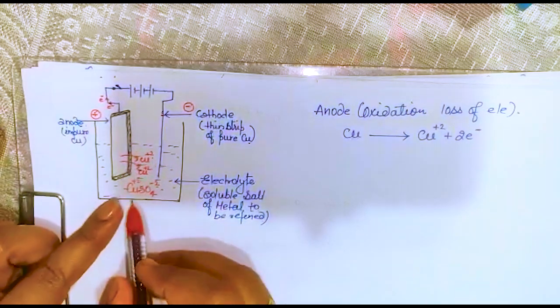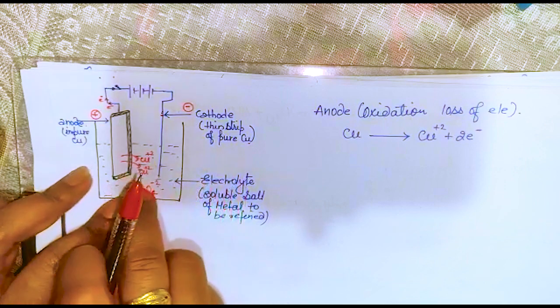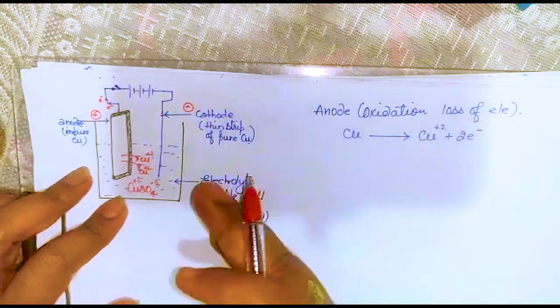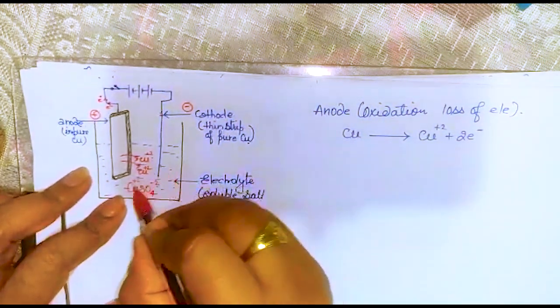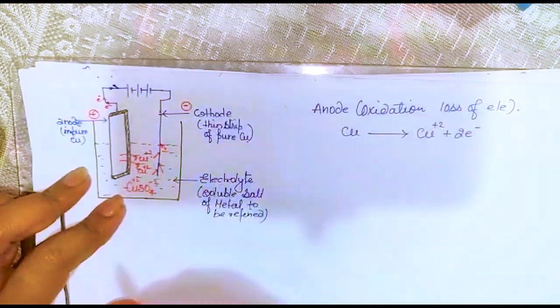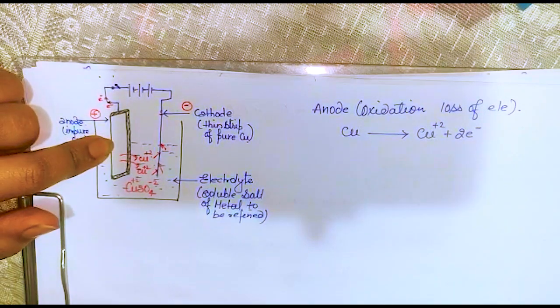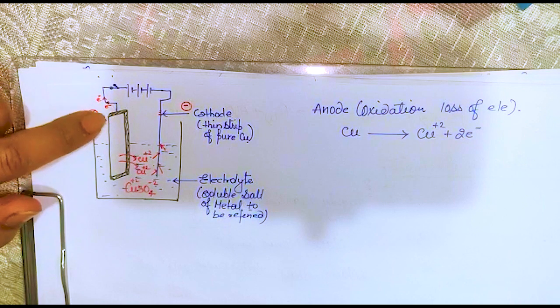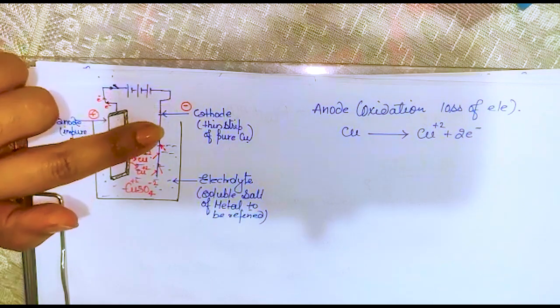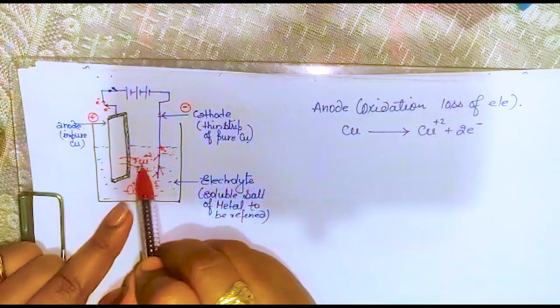The copper 2 ion is already in the solution. That copper 2+ ion will take these 2 electrons and will start depositing on this cathode. What I am saying is, the 2 electrons lost at the anode will start moving through this connection, and will come into the solution where the copper +2 ion is already there.